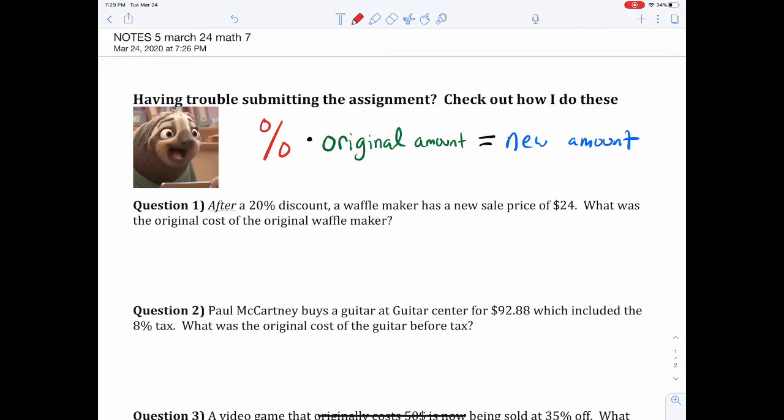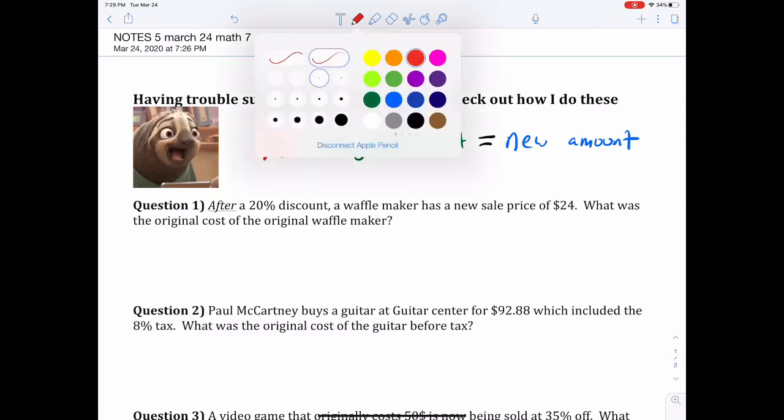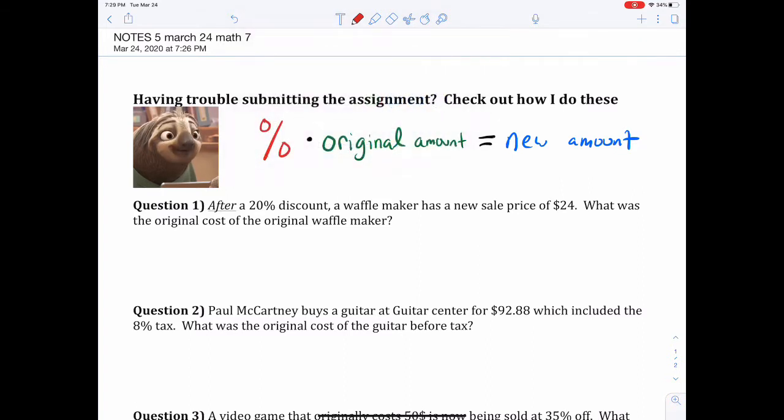The big idea is we have to plug in numbers into this equation here. The only thing we have to ask ourselves is, what numbers do we plug in and where?